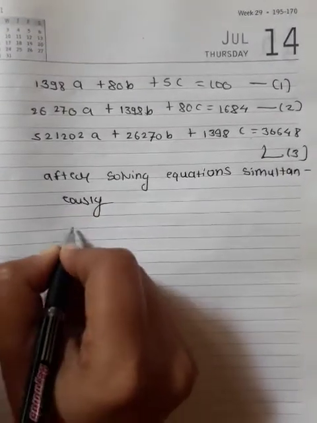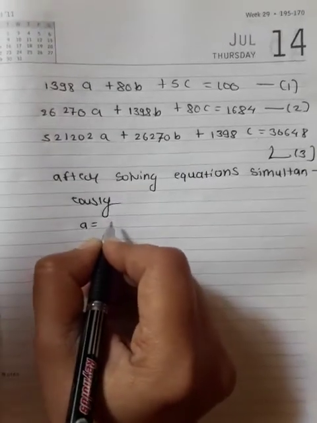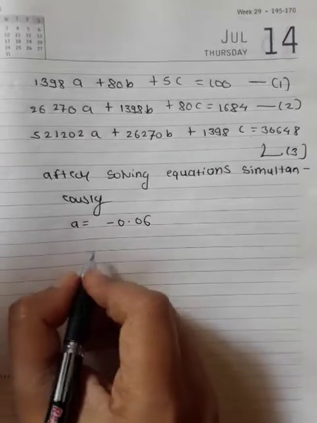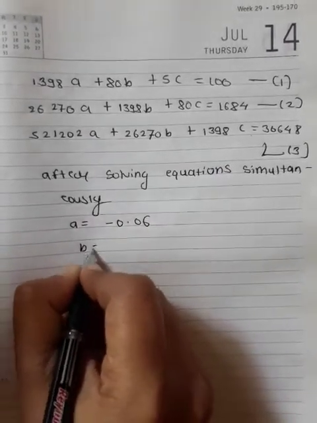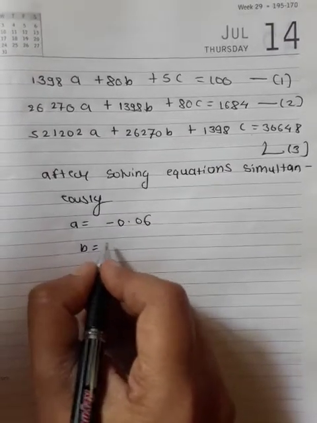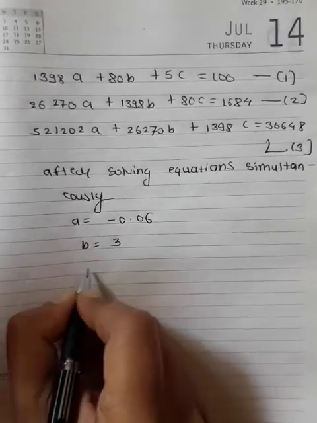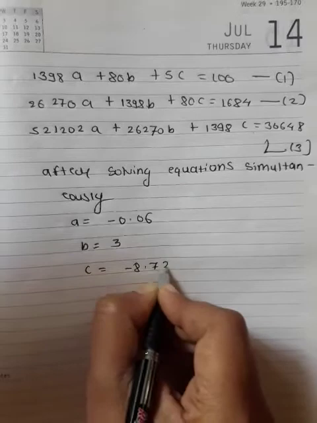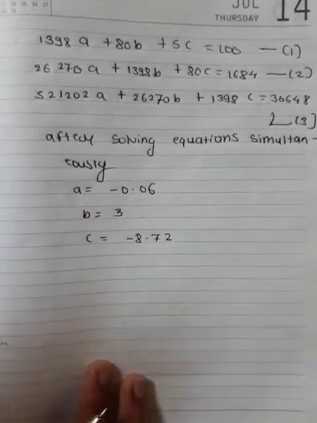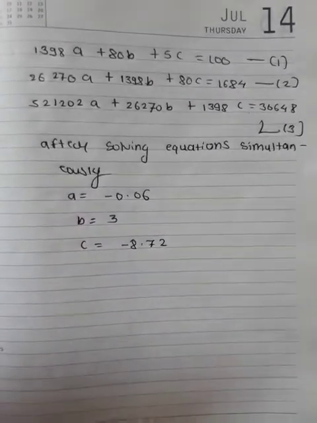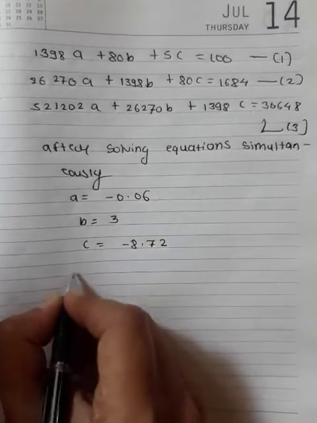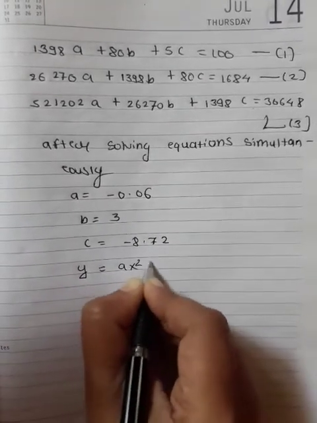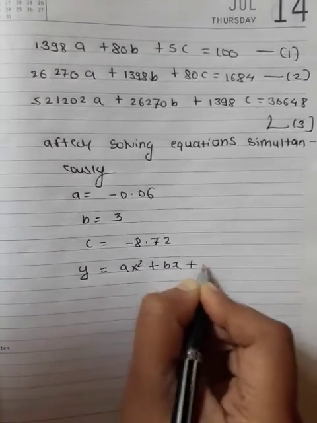the value of a you will get is equal to minus 0.06, b is equal to 3, and c is equal to minus 8.72. So once you have got the values of a, b and c, write the equation for the parabola y is equal to ax square plus bx plus c.